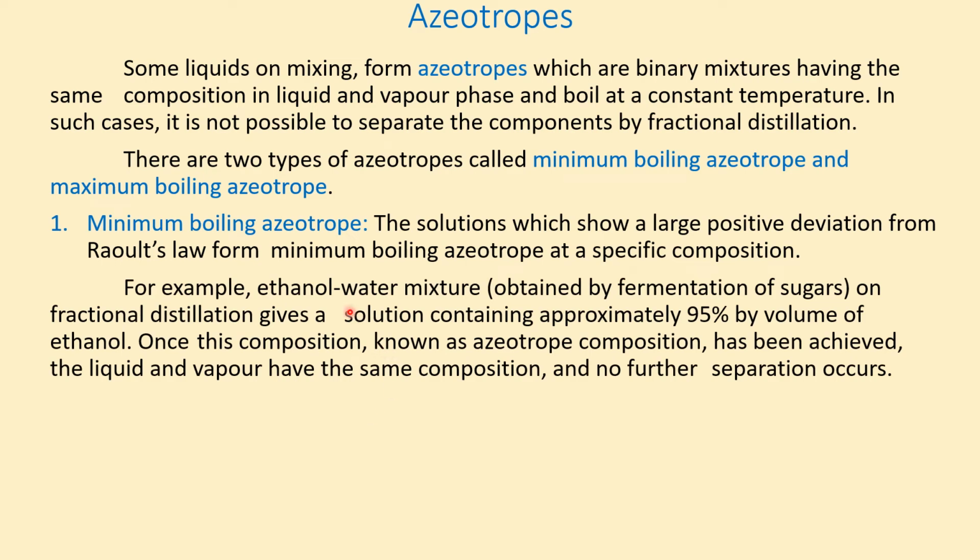For example, an ethanol-water mixture obtained by fermentation of sugars, on fractional distillation, gives a solution containing approximately 95% by volume of ethanol. Once this composition, known as the azeotrope composition, has been achieved, the liquid and vapor have the same composition and no further separation occurs.